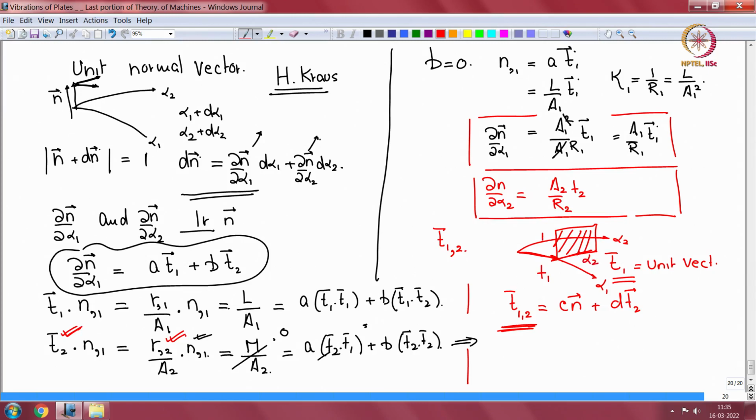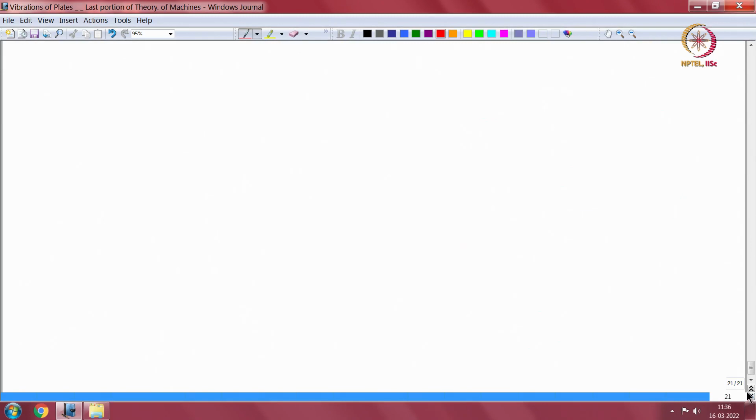That's what I have written over here. Now how to find C and D? We will have n dotted with T1 comma 2 as C, and T2 dotted with T1 comma 2 as D. So now we have to find out what these C and D are.